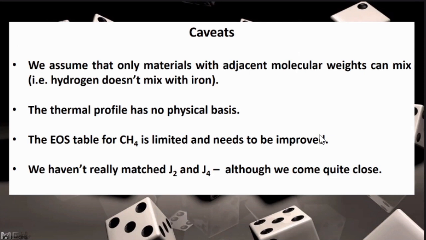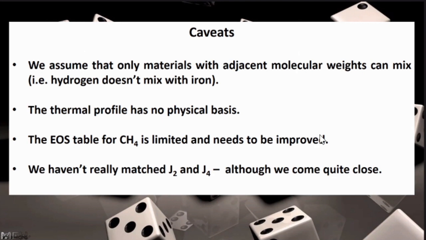The thermal profile has no physical basis. I agree. I claim that it's not that important in the interior of the planet, but we are working on a much more physically based algorithm that involves heat transfer in a real calculation. And so that's going to be put in eventually.